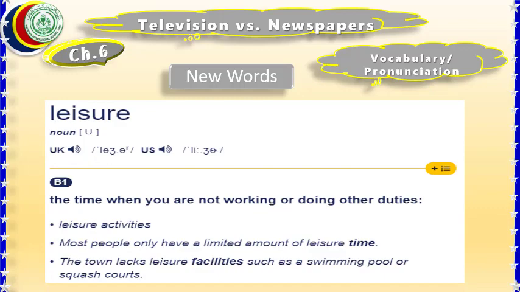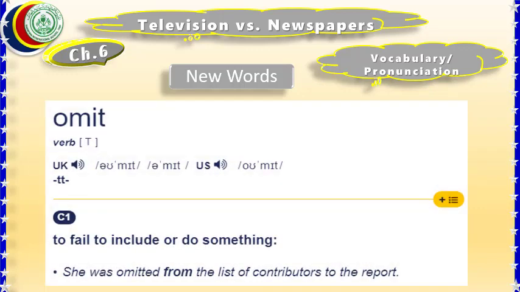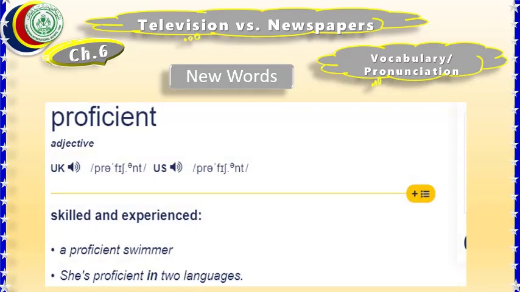Omit means to fail to include or do something. She was omitted from the list. Omit means delete also. Take out. Proficient means skilled and experienced.